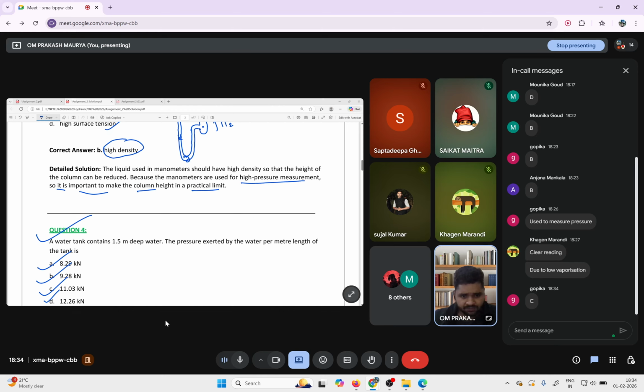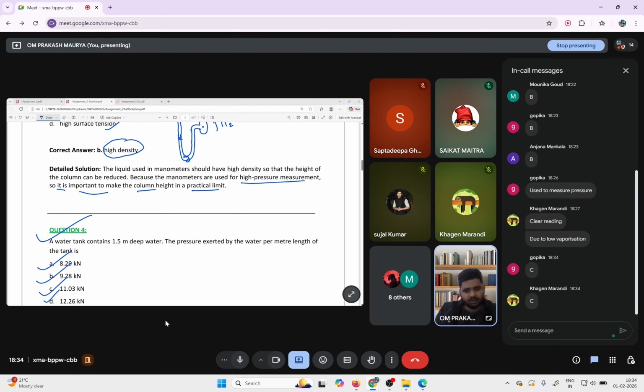Okay, Gopika is telling option C, 11.03. Fine. Other students, please also try to attempt. Okay. Hagen is telling option C. Fine.